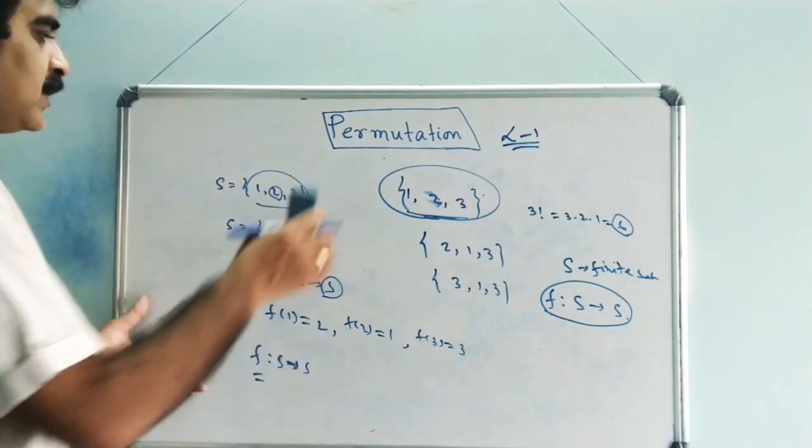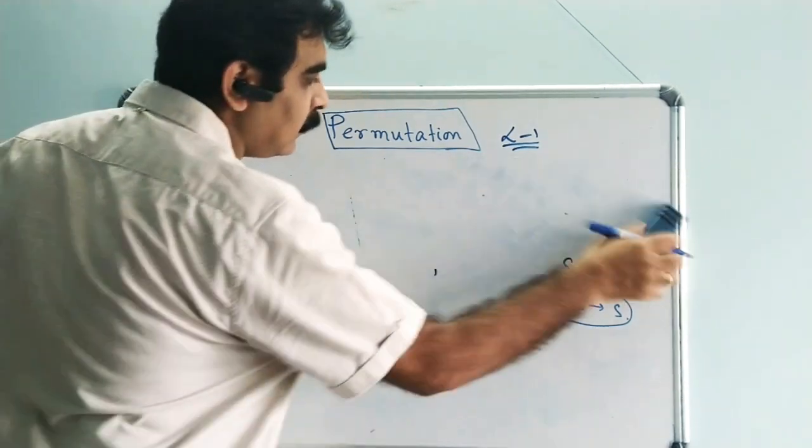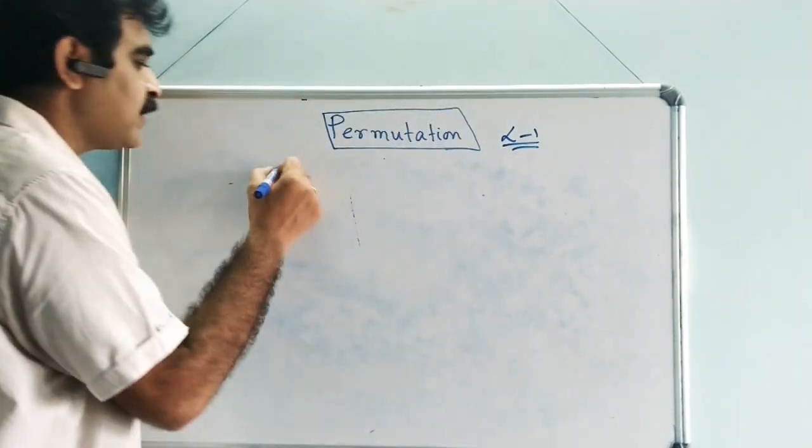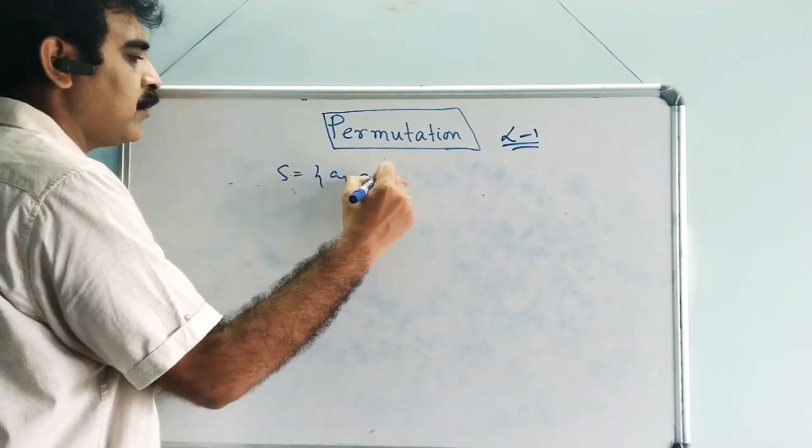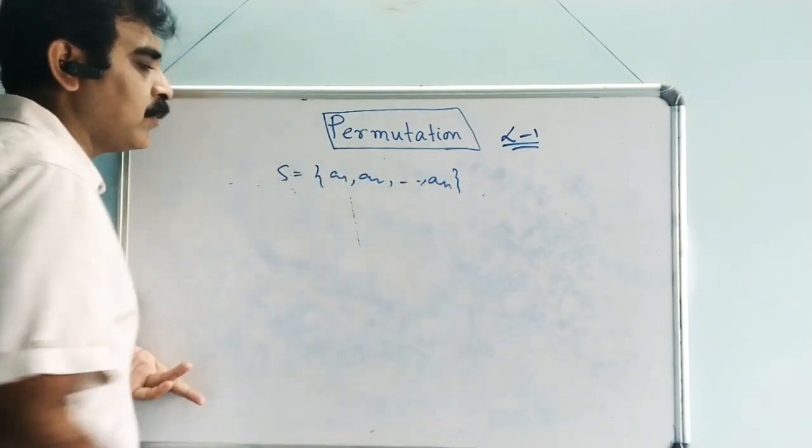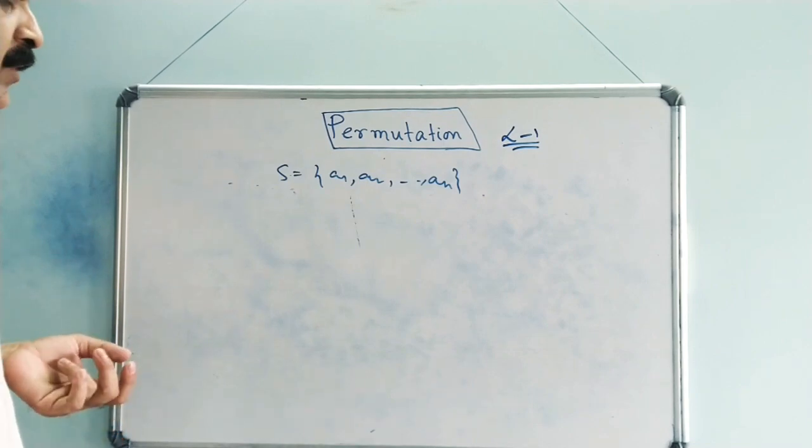So in general, let S be any set. Suppose there are n objects, A1, A2, up to An.